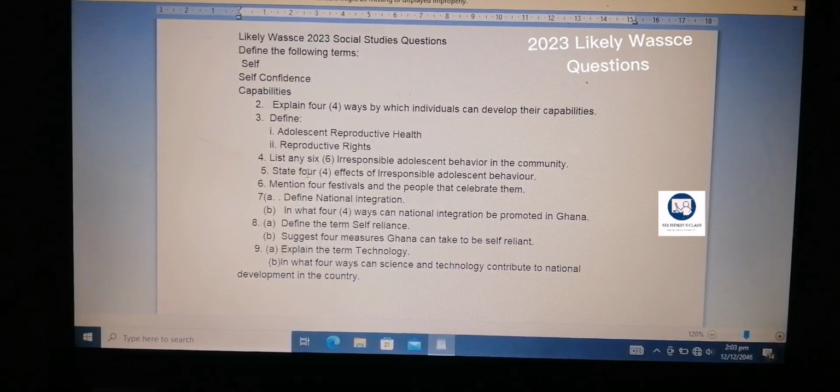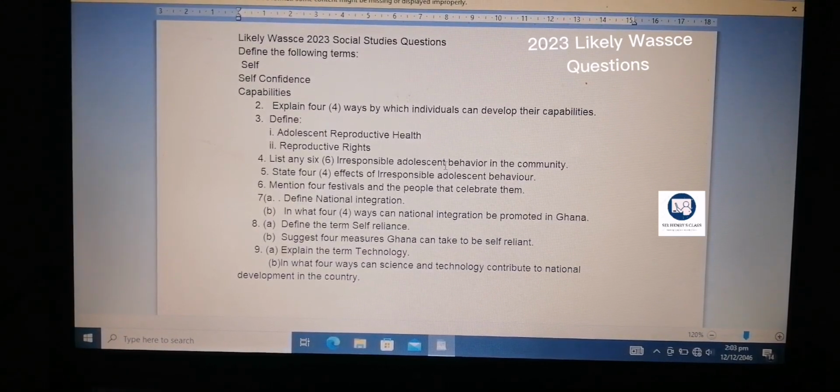Now we state 4 effects of irresponsible adolescent behavior. So after these acts which we just listed, what will be the effect or the repercussions of these acts?